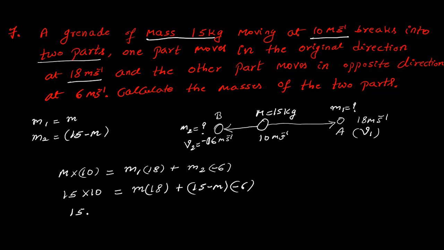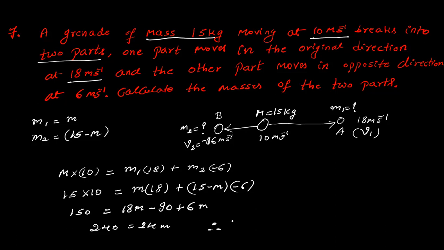Solve this one, you get 150, 18M. Multiply this, minus into minus is plus 6M. Solve this one, 150 plus 90, that is 240, is equal to 24M.